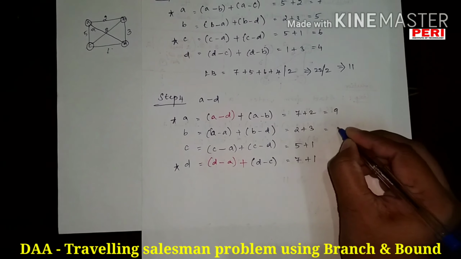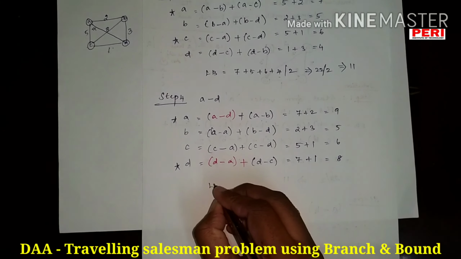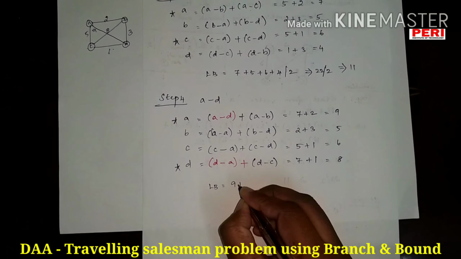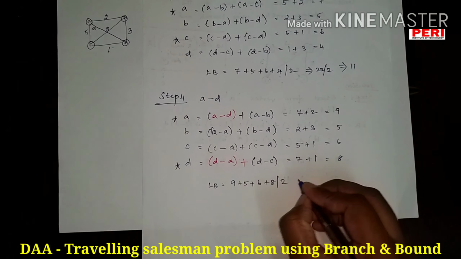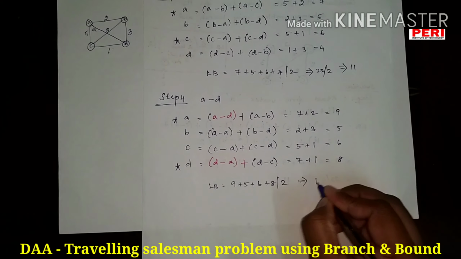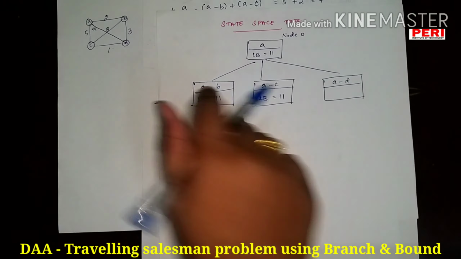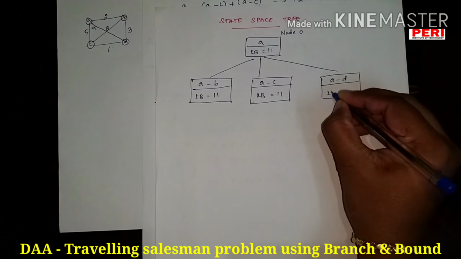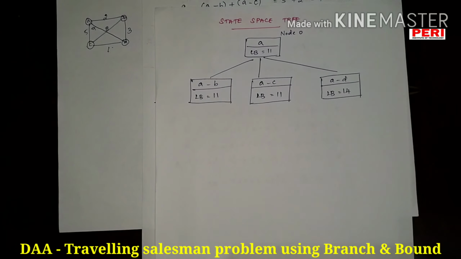So this is 9, this is 5, 6 and 8. So the lower bound value equals 9 plus 5 plus 6 plus 8 divided by 2. Therefore my answer is 14. So now I am going to substitute this value 14 onto the state space tree.